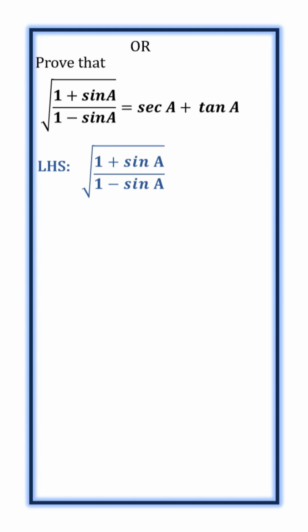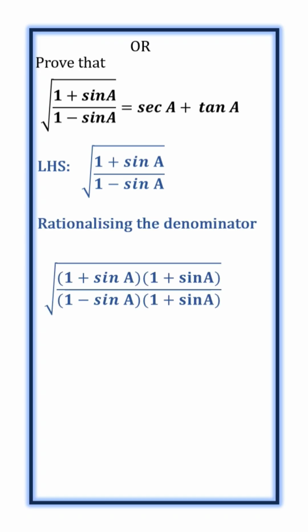What is the rationalizing form here? 1 plus sin A. So now you can write like this: under root (1 plus sin A) into (1 plus sin A) in the numerator upon (1 minus sin A) into (1 plus sin A) in the denominator.